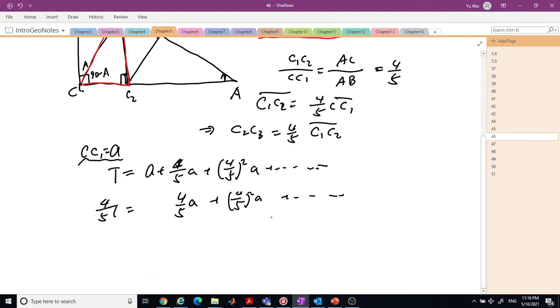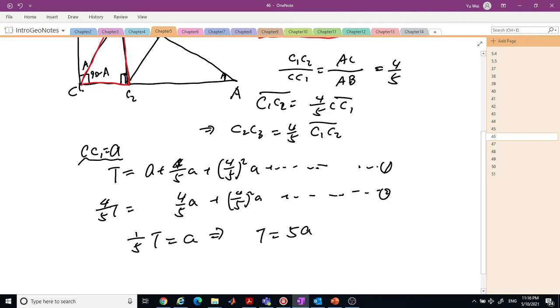Now subtracting 2 from 1, the 1/5 of T is equal to A. Now T is equal to 5A.